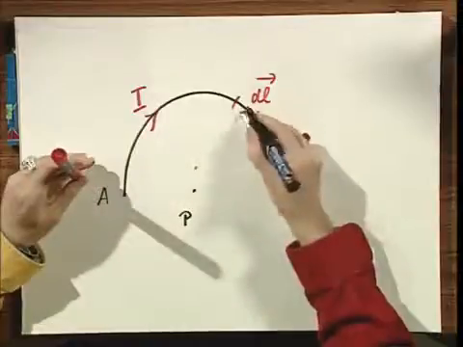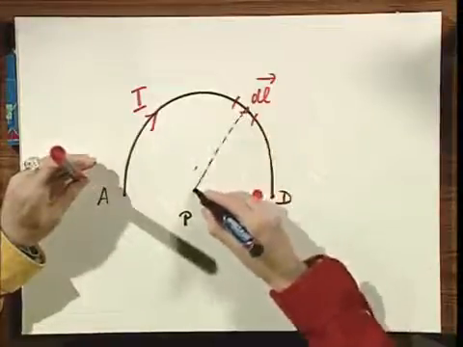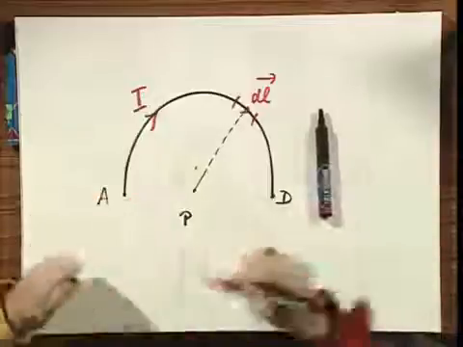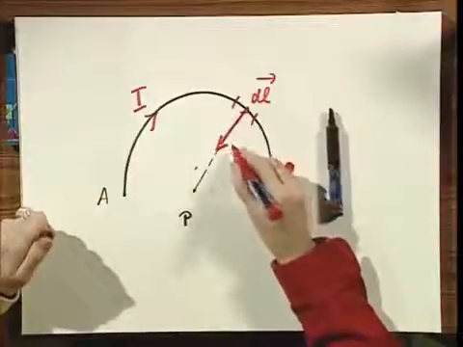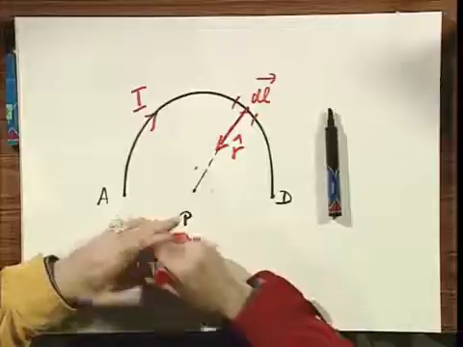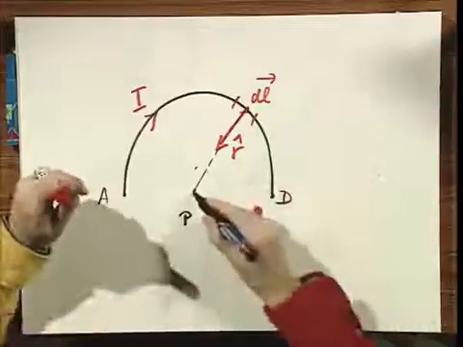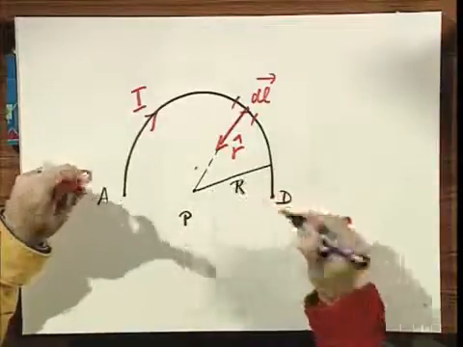I have here this vector r, and the unit vector r is in this direction. And let the radius of this circle be capital R.